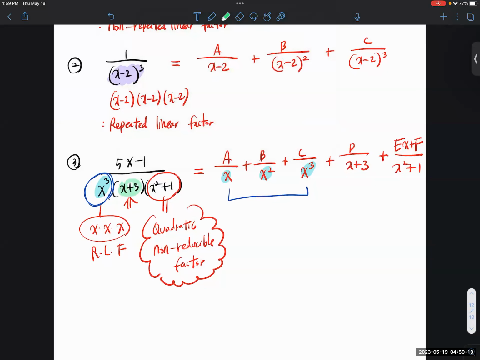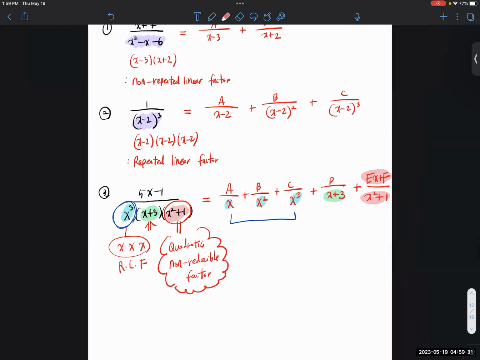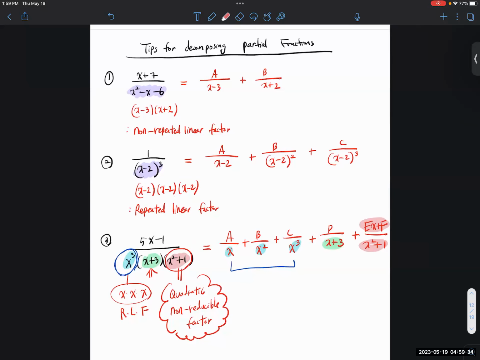Then the second factor here, and then the last one, the quadratic, is special. You have to reduce down. A quadratic is 2-dimensional; the reduced dimension is going to be 1 dimension, so Ex plus F as a linear. So, very, very important 3 cases. Once you have these 3 cases, finding partial fractions is going to be much, much simpler.